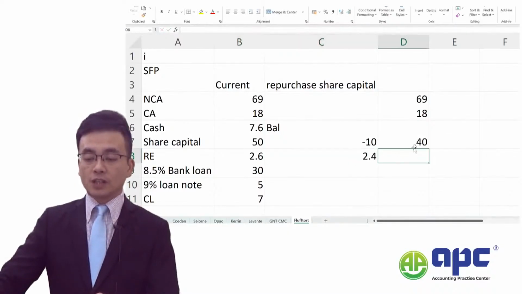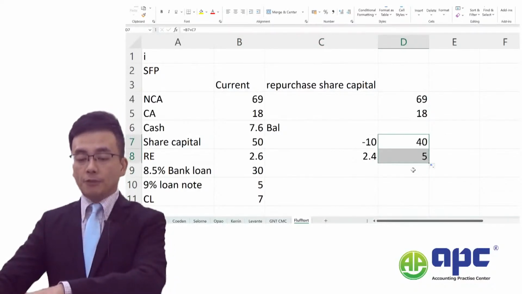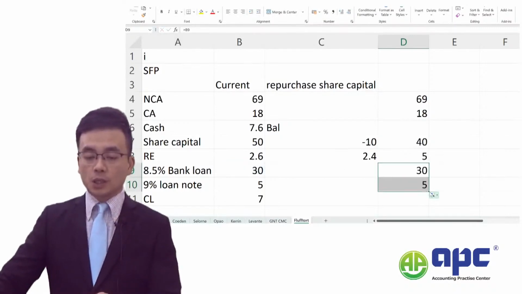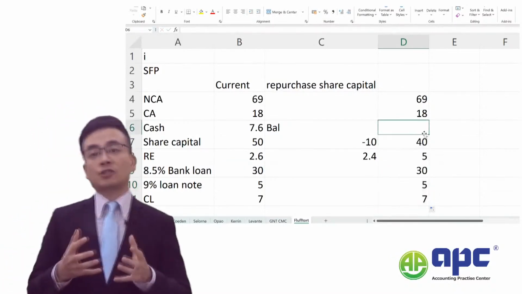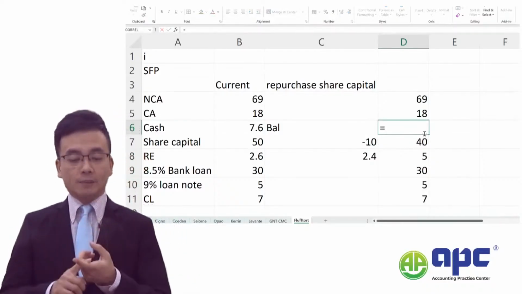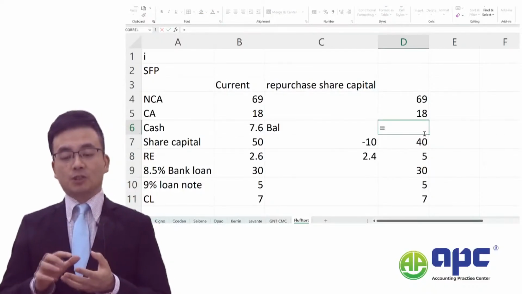And I just drag it here, and that will be 5 there. Everything stays the same, just copy that. So we can work out that cash is a balancing figure, because we've made adjustments in terms of share capital, reducing cash, and also retained earnings, a net increase of 2.4 cash.